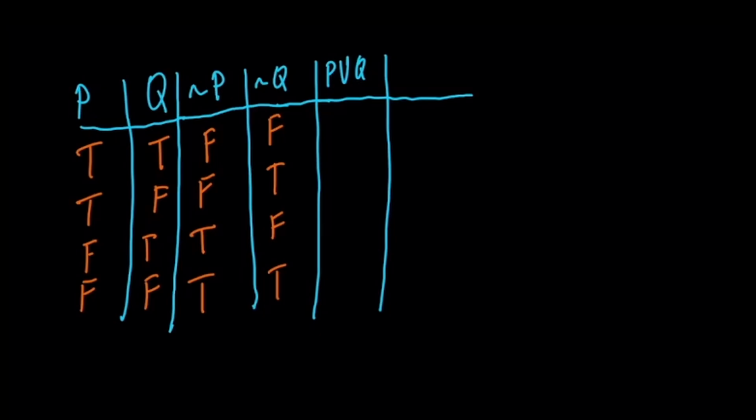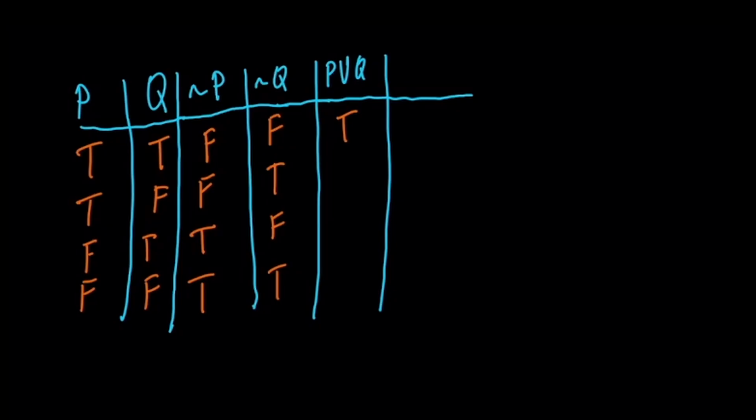So let's look at P or Q. In the first row, in the first two columns, do we have true in either of them? Yeah, we do. And what if in the second row, for instance, there's one false value?